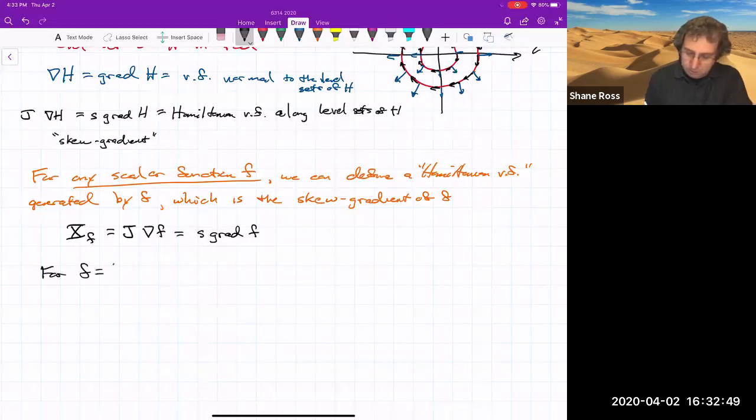So for f equal to some Hamiltonian that has physical meaning, H, this vector field is special because it relates to motion.